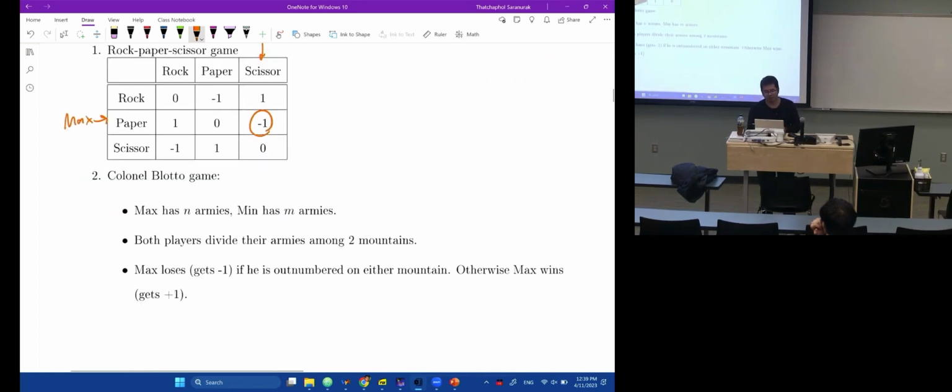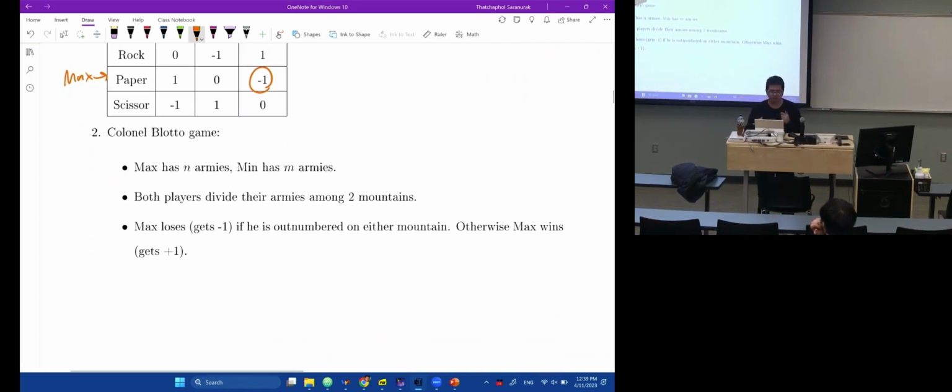There can be a more non-trivial game. For example, let's say there is a game between two armies, let's say there is a war and the max player has n armies, the min player has m armies, and n and m are not the same, and both players want to divide their army among two mountains. There are two battlefields. Okay. And let's say that max will lose if he is outnumbered on either mountain. Otherwise he wins.